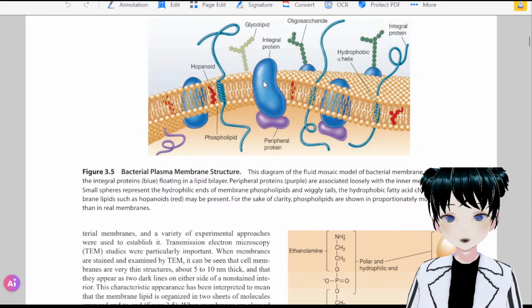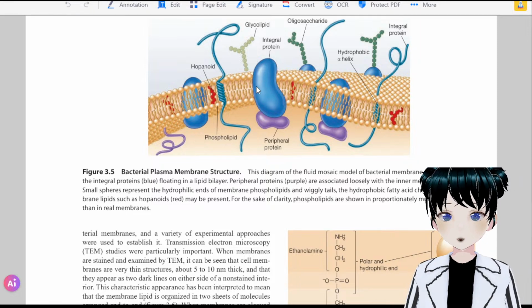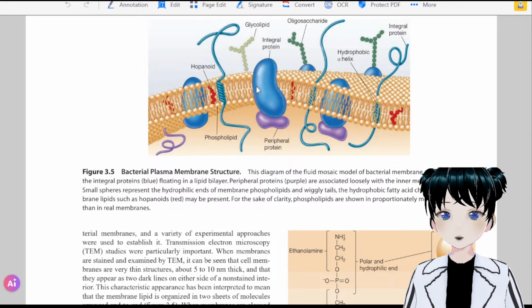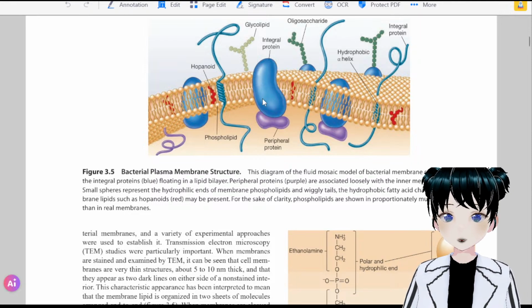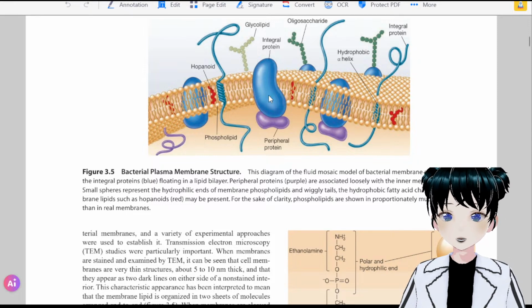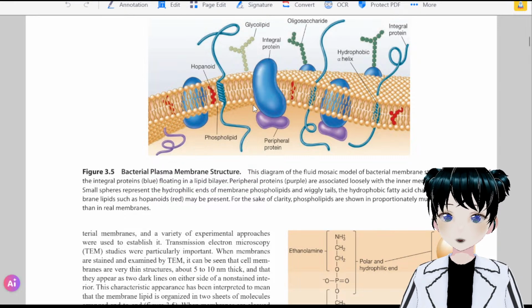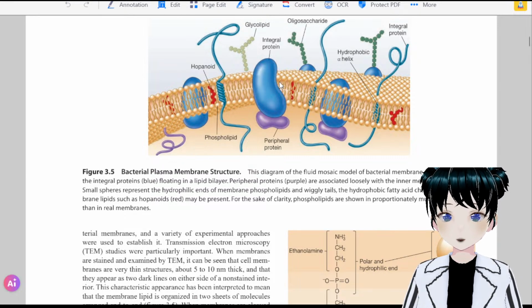Now, these proteins that are embedded in the lipid bilayer, it's not fixed, but it can only be in this position. It cannot rotate, it cannot be reversed, overlapped, or anything, but they can move in this direction if they remain in this type of structure, right?